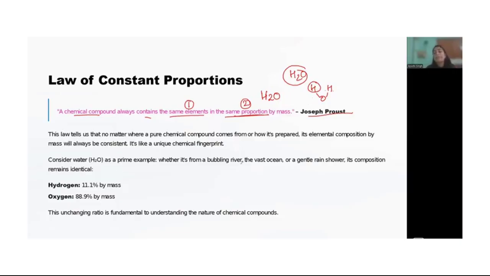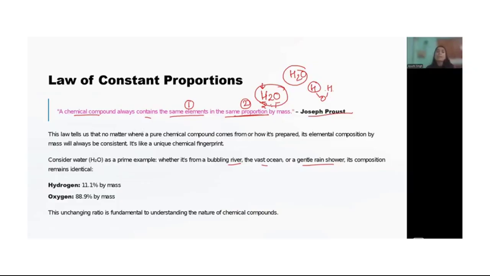For example, if you are taking it from a bubbling river, from the vast ocean, any part of the ocean, from gentle rain, or maybe your simple tap water, every water present everywhere will be in this form only. That means only hydrogen and oxygen will make water, and hydrogen will have 2 atoms and oxygen will have 1 atom. So the ratio or the proportion should be equal as well.